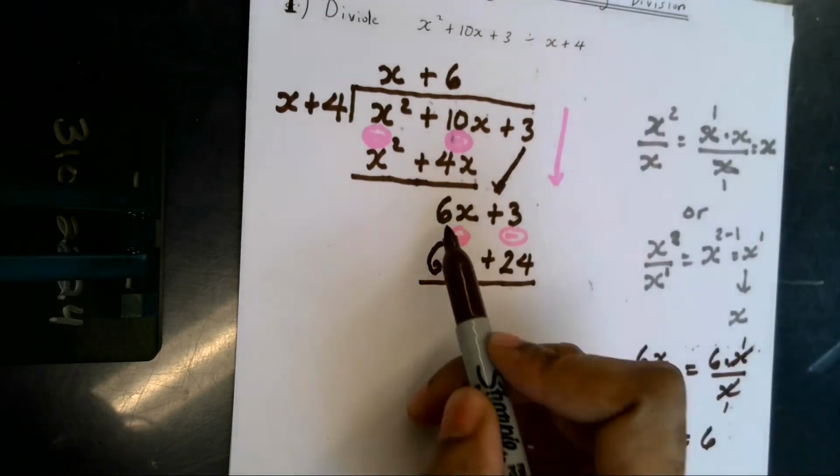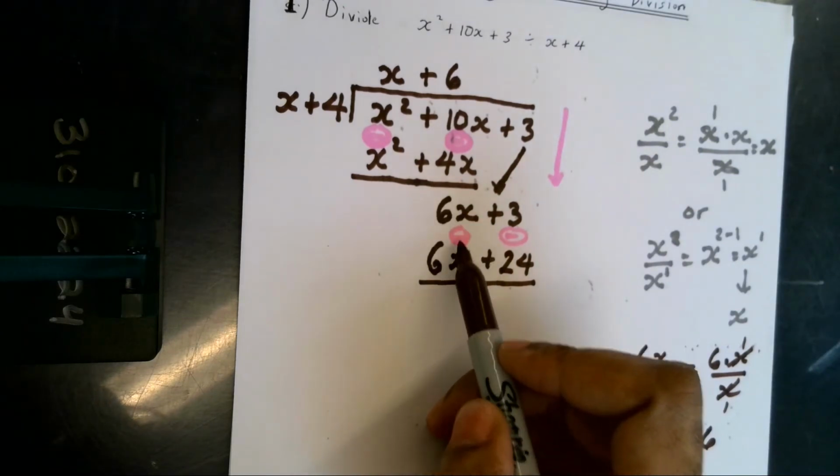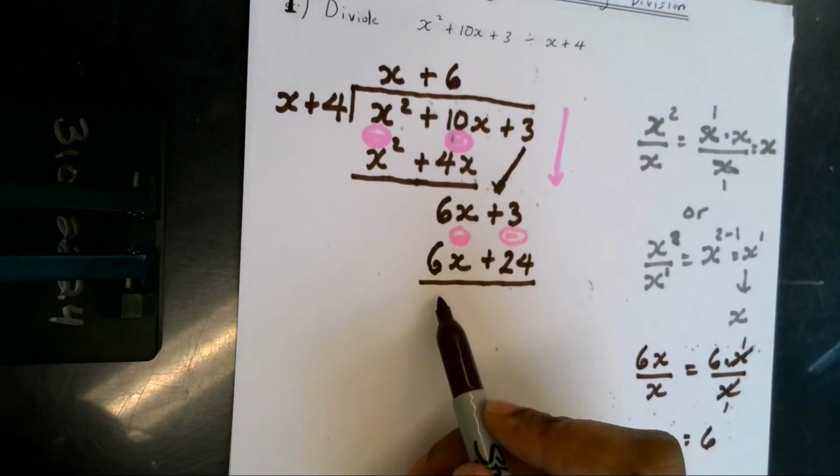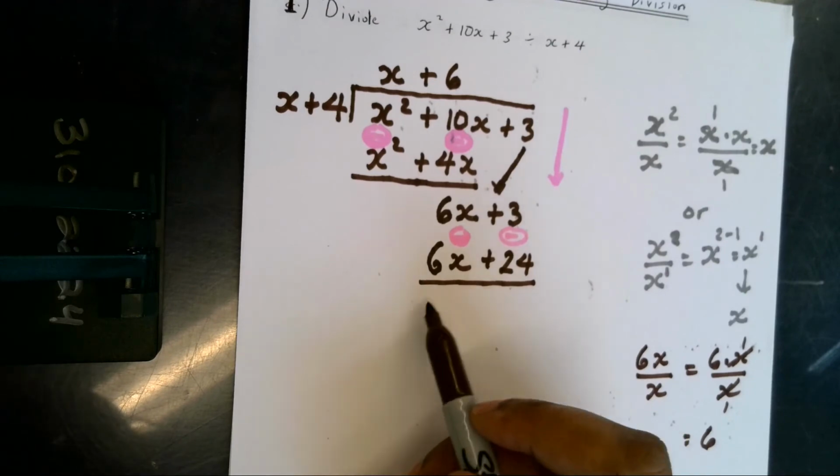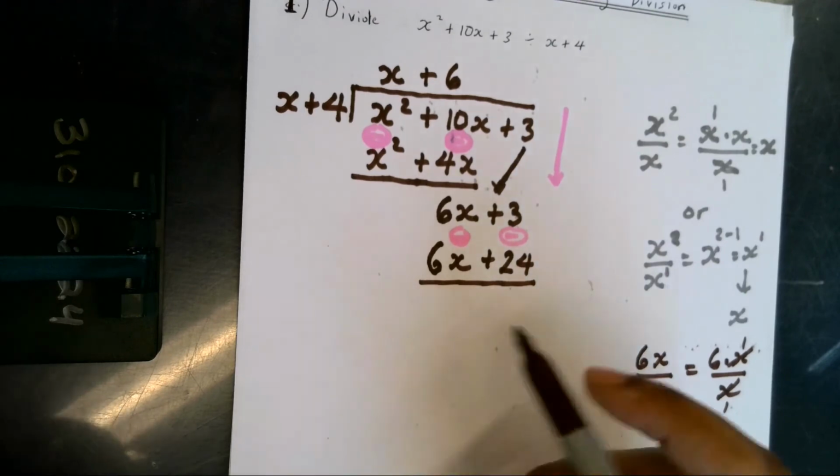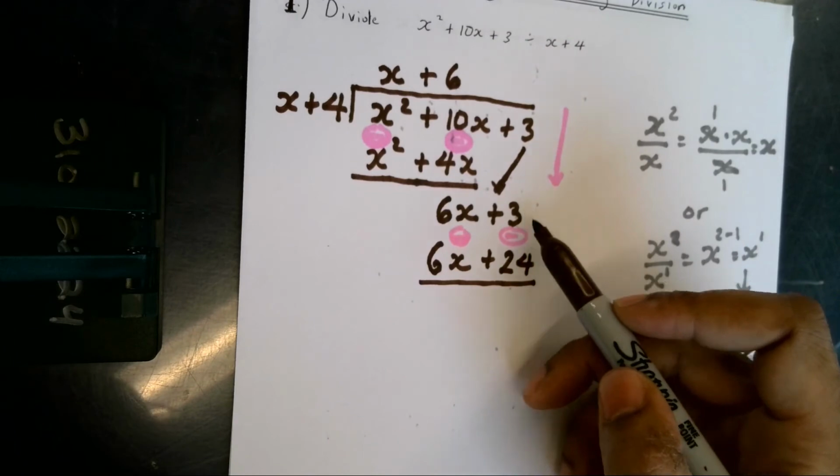So we say 6x minus 6x, that is 0, or we can leave the space blank right here. Then you're going to say 3 minus 24.